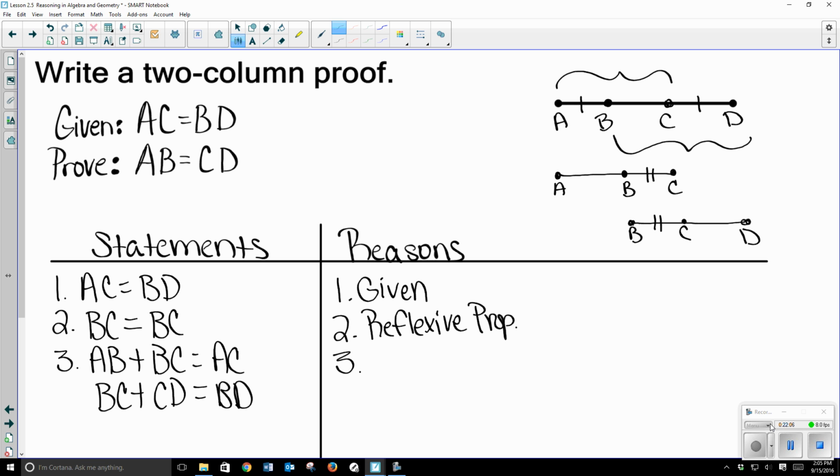I'm adding them together, right? Look for something with segments and adding. Segment addition. Yes, segment addition property.